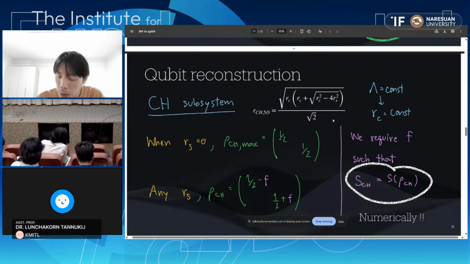You need to have a density matrix first, know all the elements of the density matrix, and then assume that this density matrix is some kind of canonical thermal state.